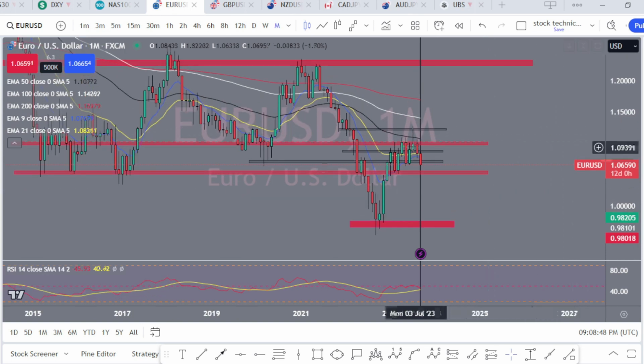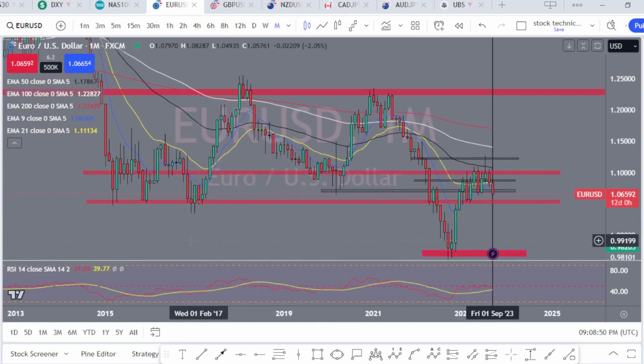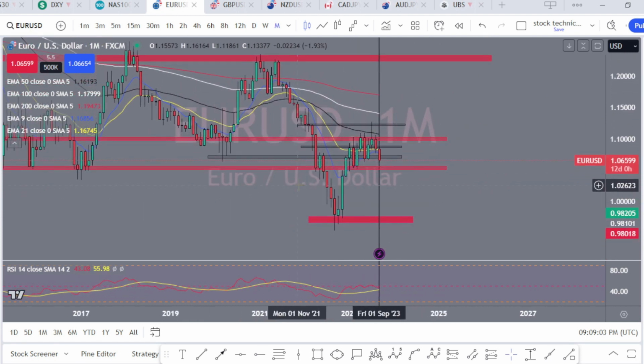As you can see here, the market was going sideways, or consolidating, between this resistance and this support down here, and it goes up and down until the bearish pressure pushes price below this resistance right here.